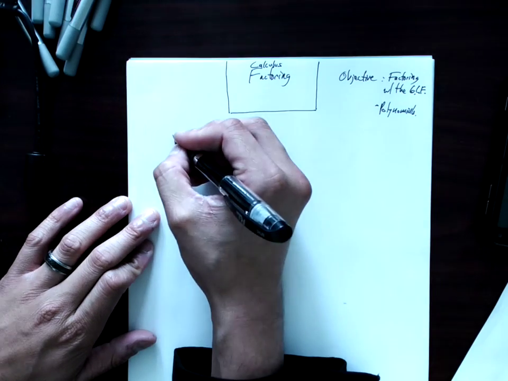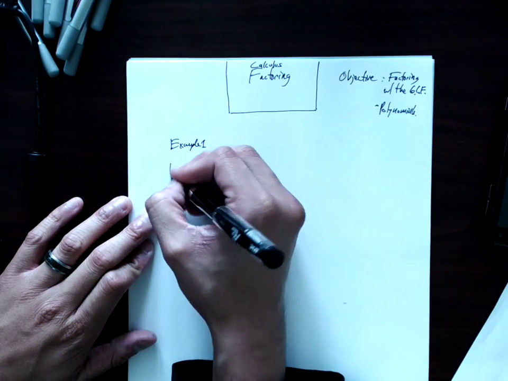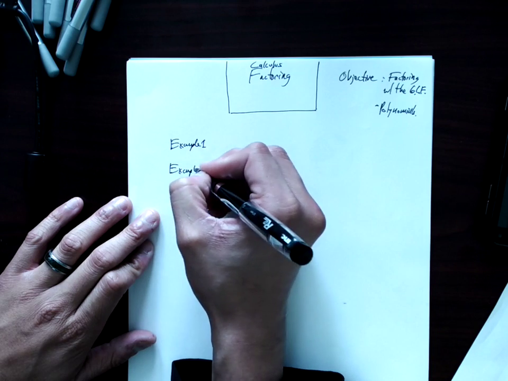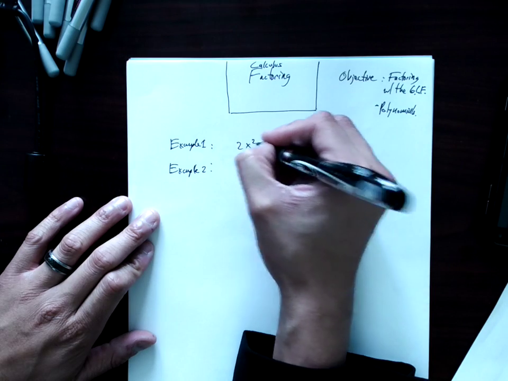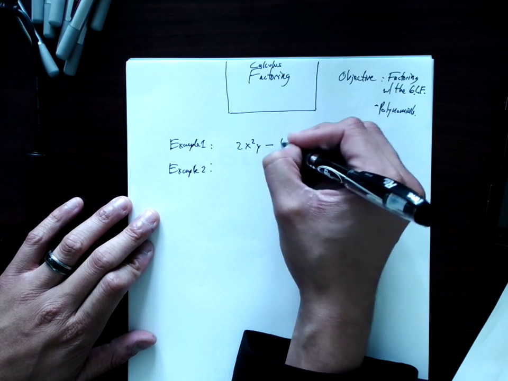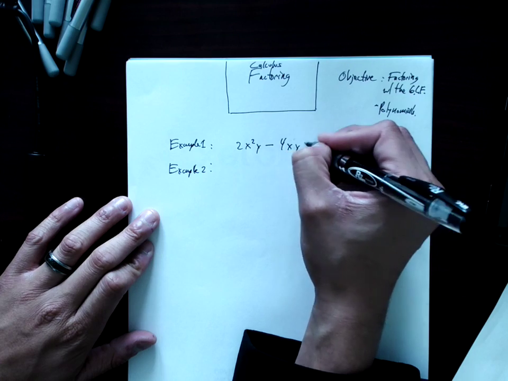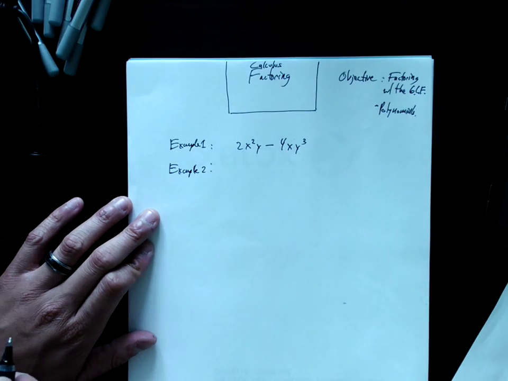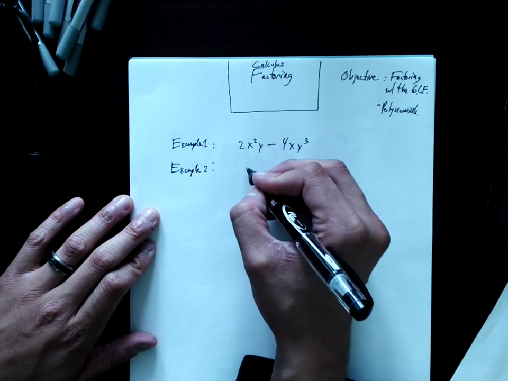Just as a couple of examples, let's call this one example 1 and this one over here example number 2. See if you can go ahead and factor this one over here. This is one good example of a polynomial factoring with the GCF.